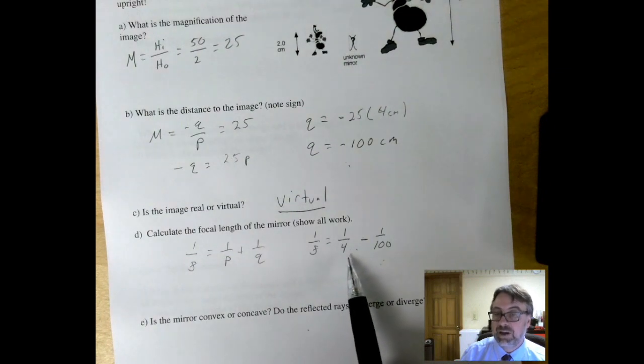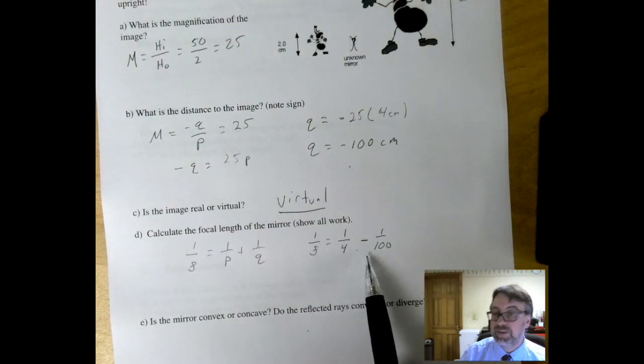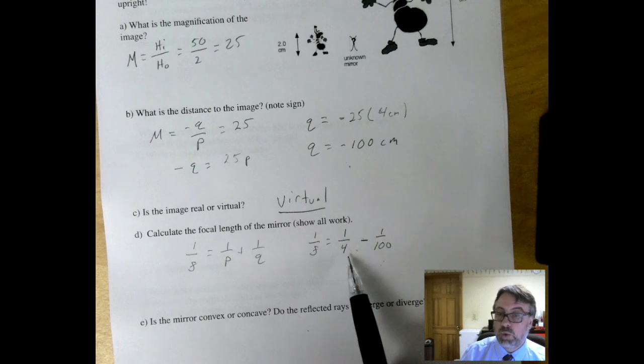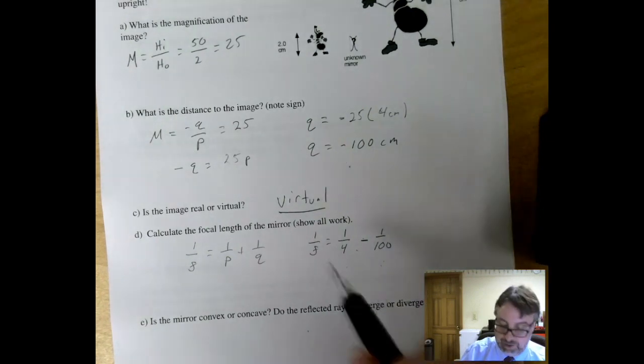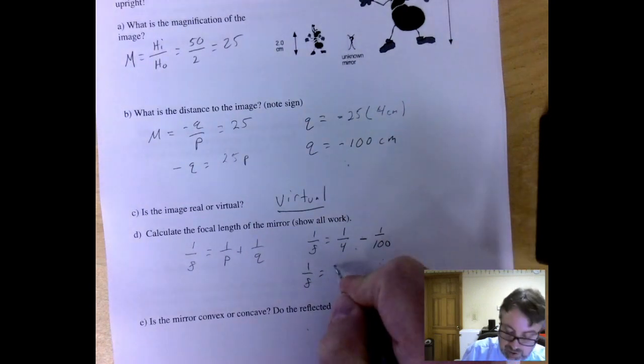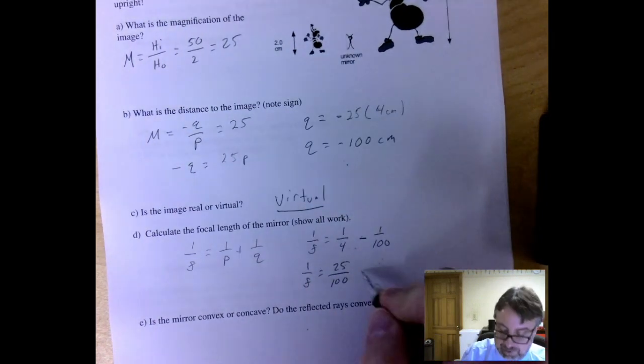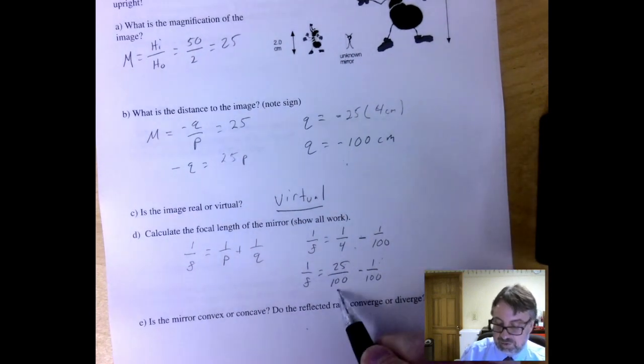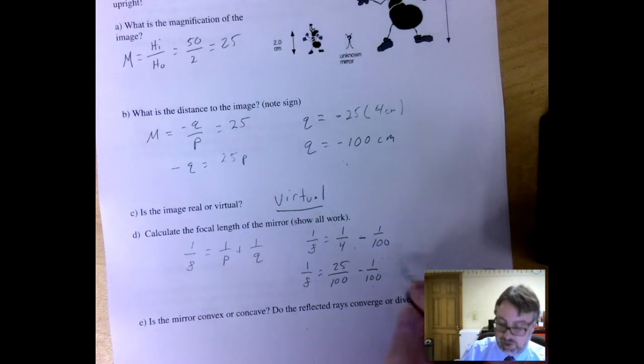I'm going to put both these over the same denominator. If I turn the 4 into 100, then that means that 1 over F must be equal to 25 over 100, because that's 1/4, minus 1 over 100. So 25 over 100 minus 1 over 100 is the same thing as 25 minus 1 over 100.